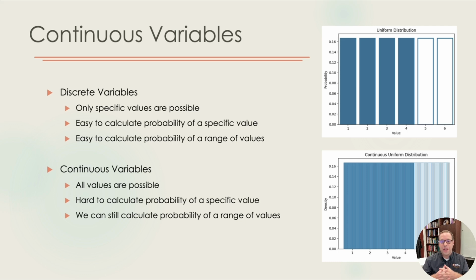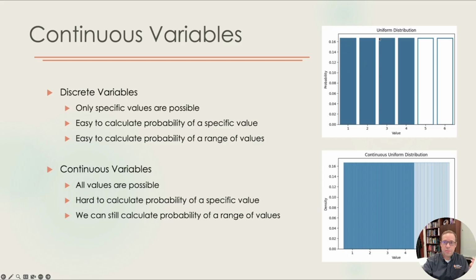And that's what we're doing here. We're looking at the probability of rolling anywhere between 0.5 and 4.5. Basically, anything between a 1 and a 4. And what's that probability? Well, from our discrete distribution, we decided it was 4 times 0.16667, right?